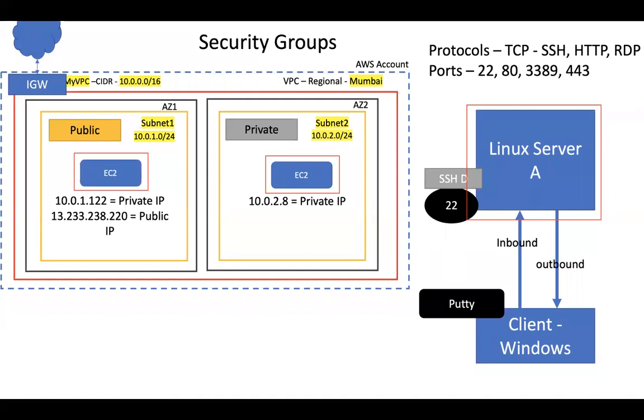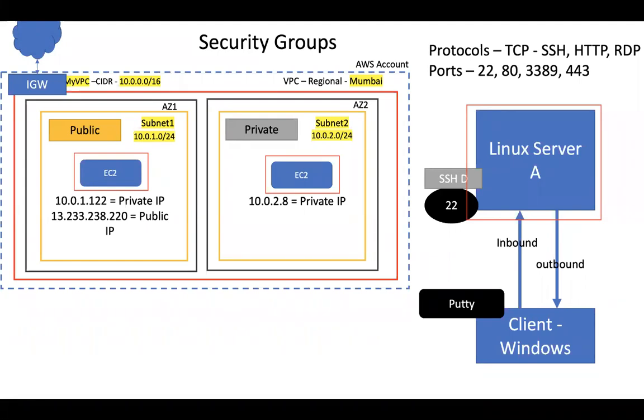Then we looked at security groups. What are security groups? Security groups are instance firewalls, where you create a security group and you assign it to an EC2 instance. A security group can be assigned to an EC2 instance or compute instances.